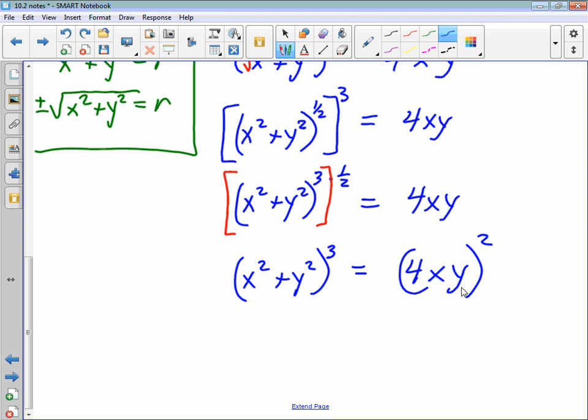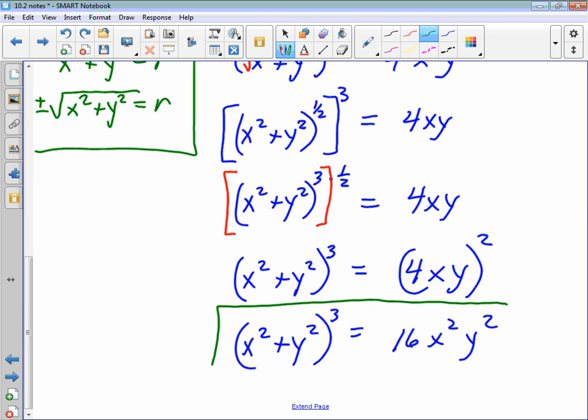So now let's work on this as much as we can. x squared plus y squared cubed equals, that would be 16 x squared y squared. And I think we're done. And hopefully that's a little clearer than what the author did in example 4 on page 398, because when I first read that, I thought, oh man, that may confuse some of my students.